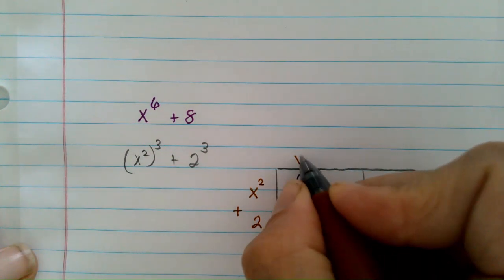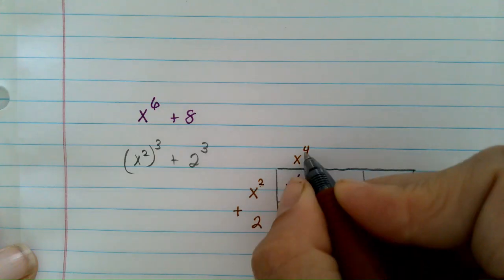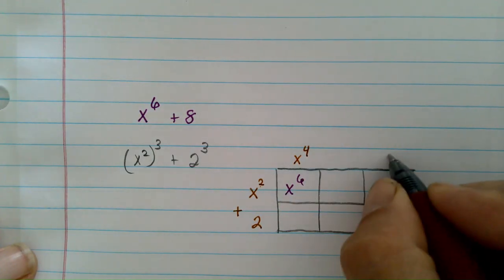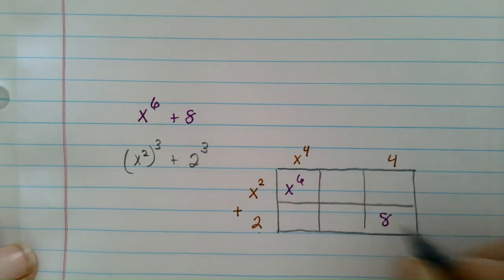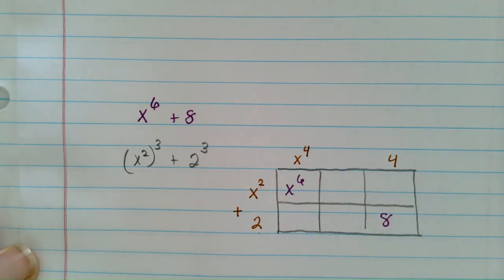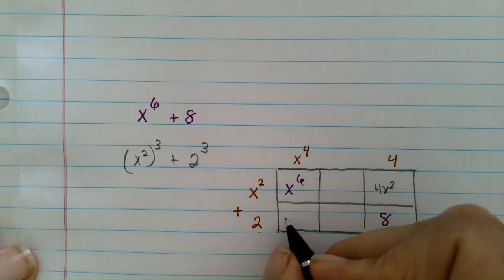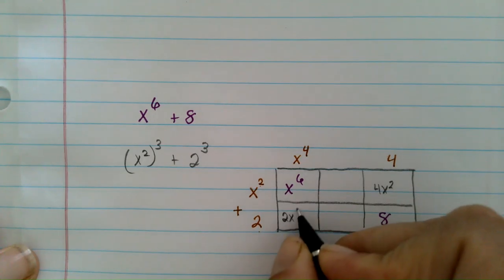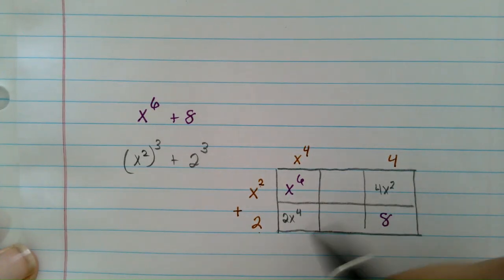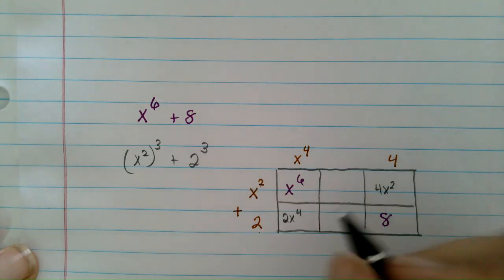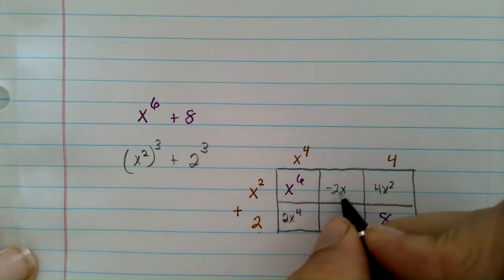So we would need an x to the 4th here. That way 2 x's and 4 x's make 6 x's. And we need a 4 here because 2 times 4 is 8. Now, that would put a 4x squared in this box and a 2x to the 4th in this box. But those two things are not in that original problem, so they had to cancel out.